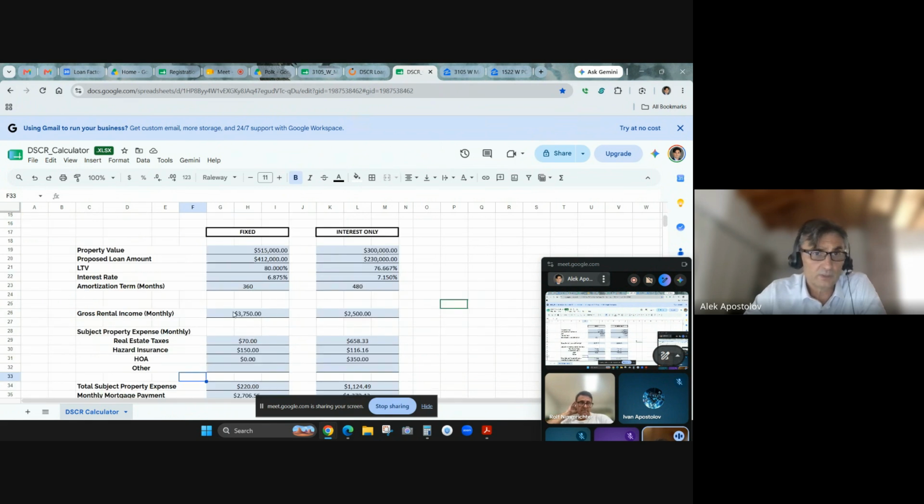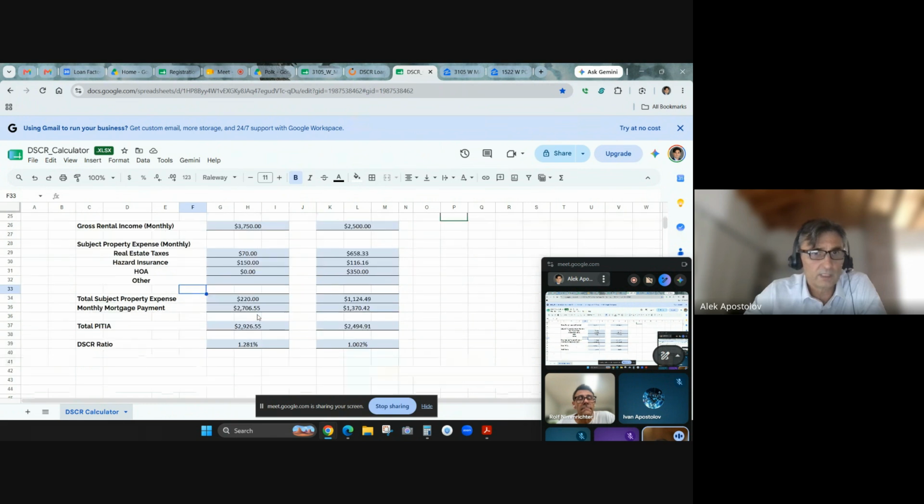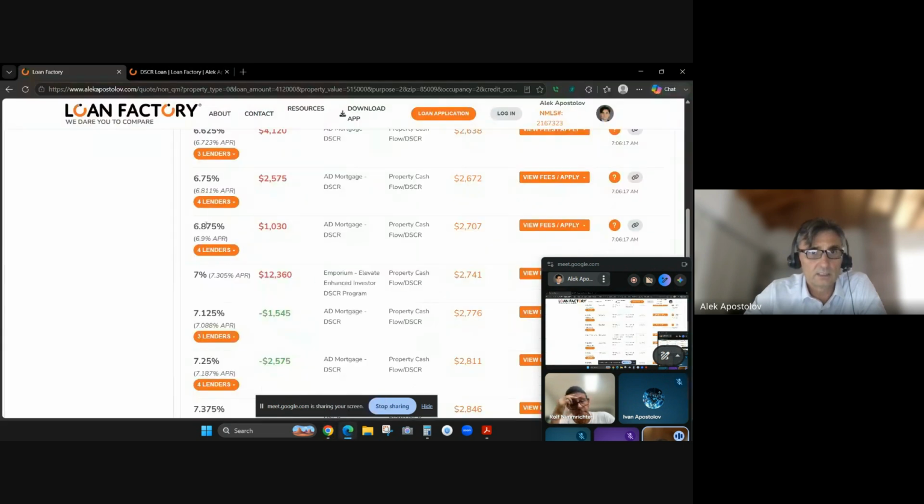So back to the calculator, with this rate of 6.875 and amortization of 360 months, which means it's a 30-year fixed mortgage, and the taxes and the insurance are also going to be factored in. We're getting a monthly mortgage payment of $2,706.55. That again is the rate that the lender is giving us. That's just for principal and interest.